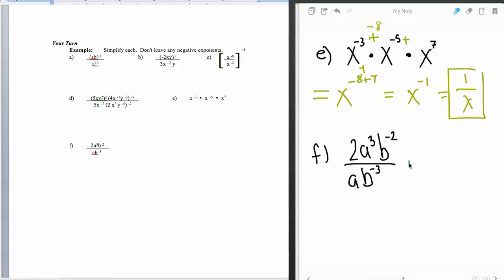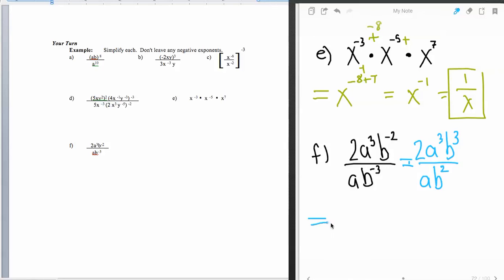And now part F. Again, if you don't want to deal with the negative exponents, that's perfectly acceptable. So if you don't want to deal with them, we would say 2a cubed, and the a down here staying put, and the b squared, we're going to move that down to the denominator, and the b cubed, we're going to move that up to the numerator.